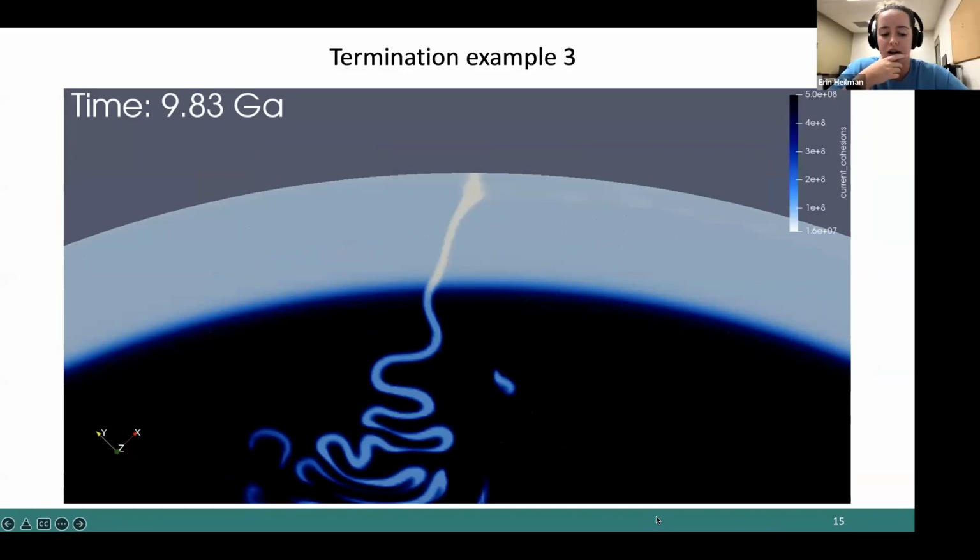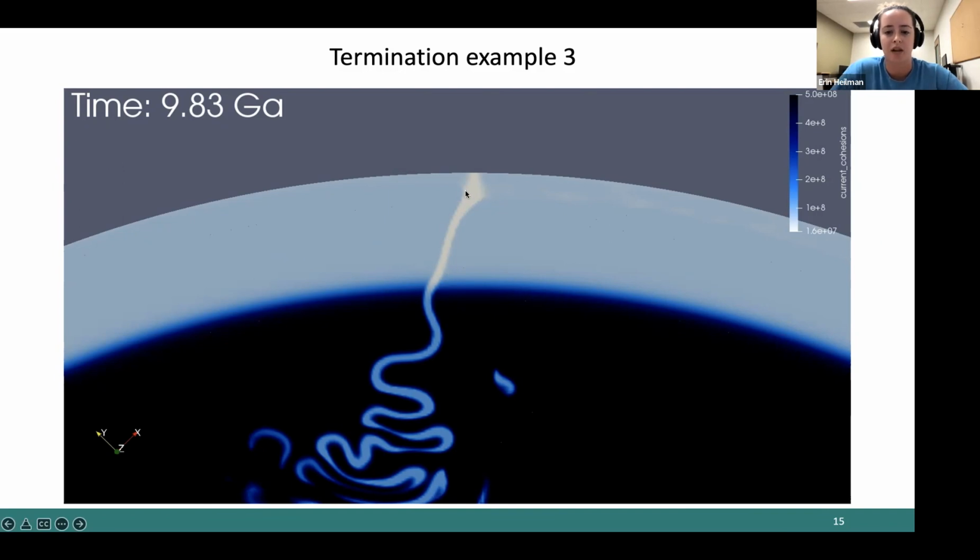Yeah, so I did run some models not using the full damage rheology where we have strain weakening and strain healing. I've looked at cases where plasticity is the only rheology you're using, or plasticity plus strain weakening. The differences there come into the damage part of the slab.